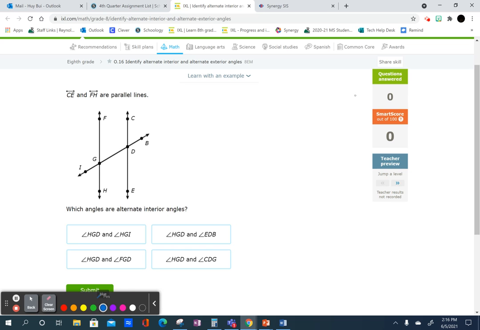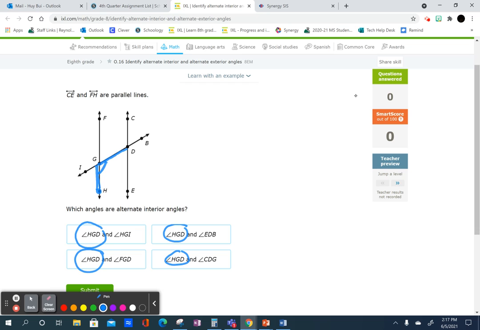So the first few problems are kind of easy because you might see that every answer choice starts with the same angle here. So we're going to start with angle HGD. So it starts on a point on this parallel line. It goes H to G and then to D. So we are talking about this angle right there.